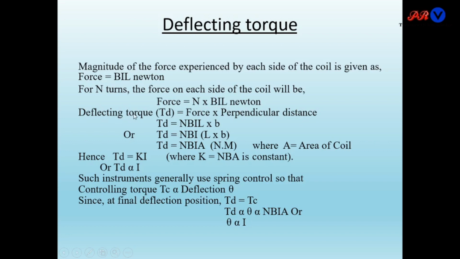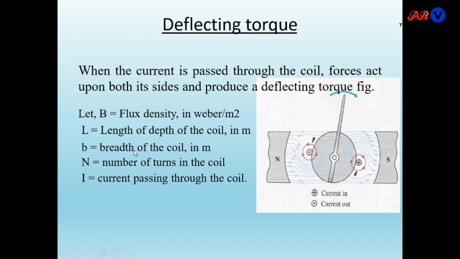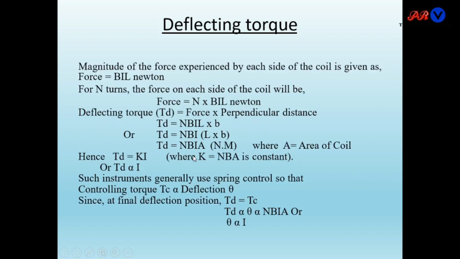And the value of deflecting torque is force into perpendicular distance. Force we have calculated here is NBIL, and this perpendicular distance is B. What is B? B is the breadth of the coil, which is the perpendicular distance from the force. So we get TD equal to NBI L cross B. L cross B is nothing but the area, so NBIA, where A is the area of the coil.